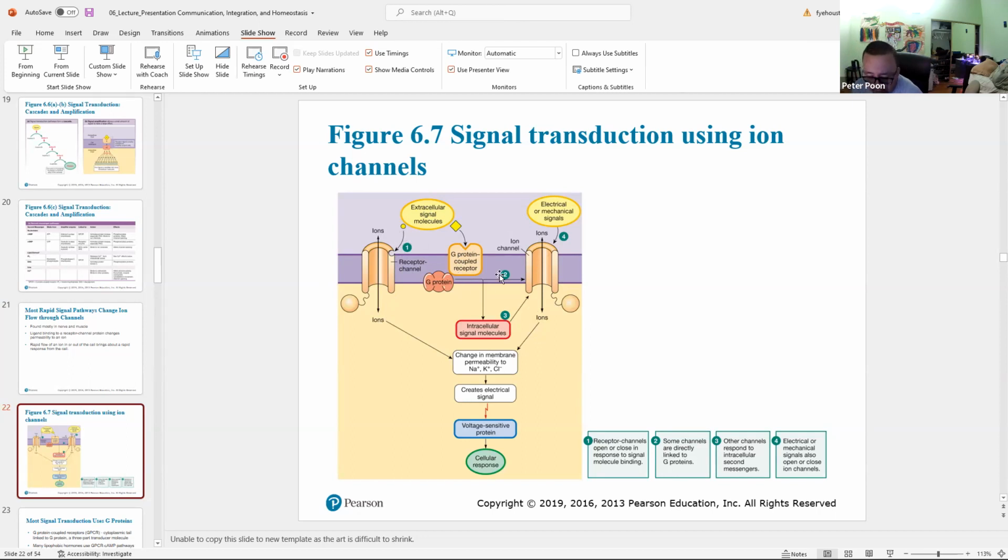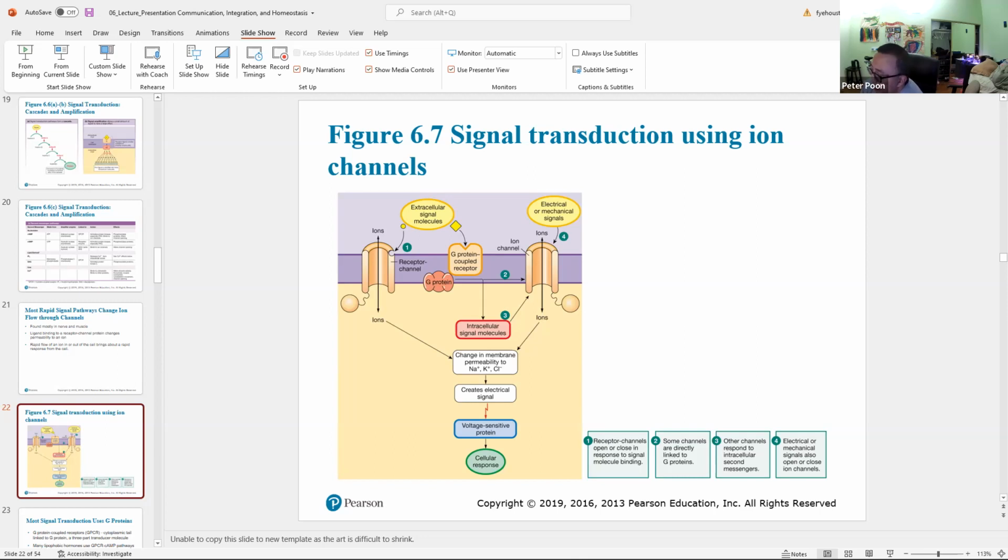When the channel opens, the ions come flooding into the cell, and that can cause changes in membrane permeability to sodium, potassium, chloride, calcium, which causes a change in the electrical signal, which causes a cellular response. So it's a very quick response, and this is the way your nerves and muscle work.